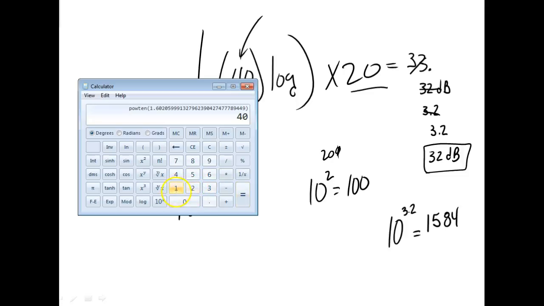So if I have a gain of 40, which is a lot of gain, by the way, then I take the log of that, and then I multiply that times 20. And then I come up here and divide that by 10. That comes up and gives me that, so you're right. So that would be the power gain we had.